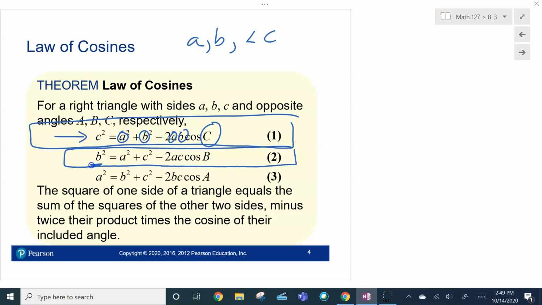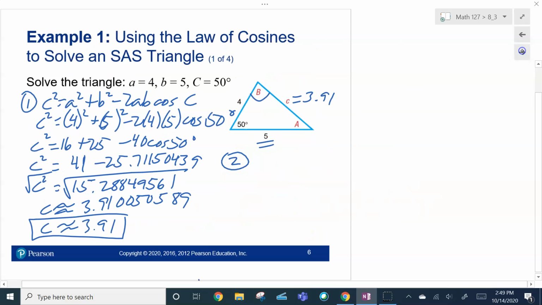If you have the solo term here, it's the angle over there. So lowercase a is the angle A over there, right? You see the b's and the c's are right there next to it. So we're going to use this second one, b squared equals a squared plus c squared minus 2ac cosine B.